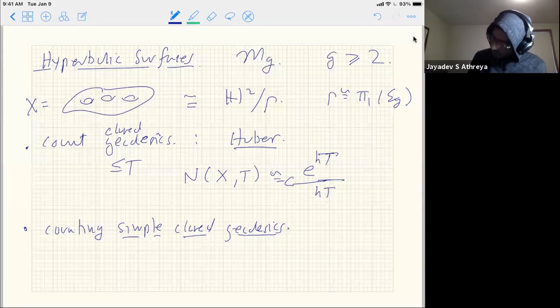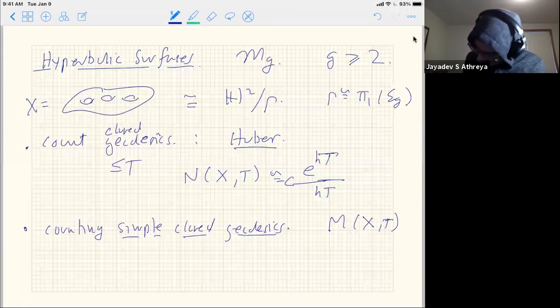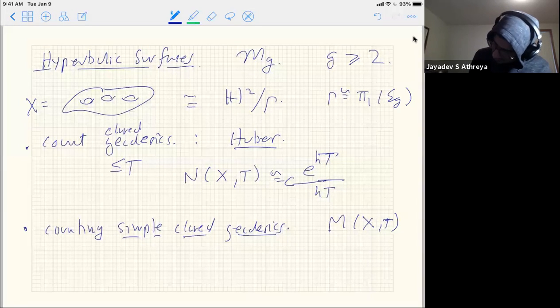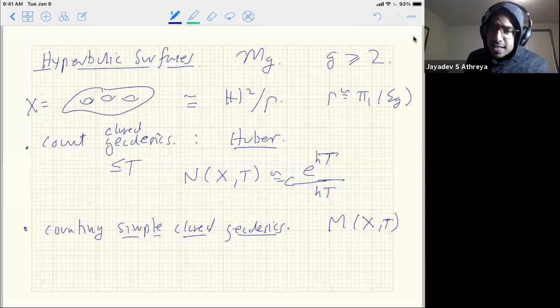Let's call this, by slightly abusive notation, m(X, t), the number of simple closed geodesics of length less than or equal to t. So, if a geodesic intersects itself, I throw it away. Again, for probabilists, there's a big wave in studying random walks and SLE.